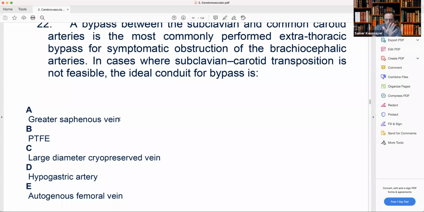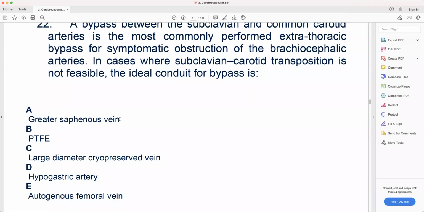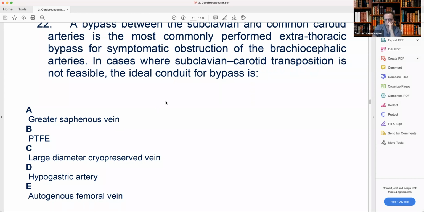Instead of putting a patch, you put a vein as a patch all the way down, because the vein is long, and you need to patch the common and internal carotid artery. The other times we use a vein are infection, or internal carotid endarterectomy with the bypass. But in normal conditions, always use synthetic, and always PTFE with the ring.